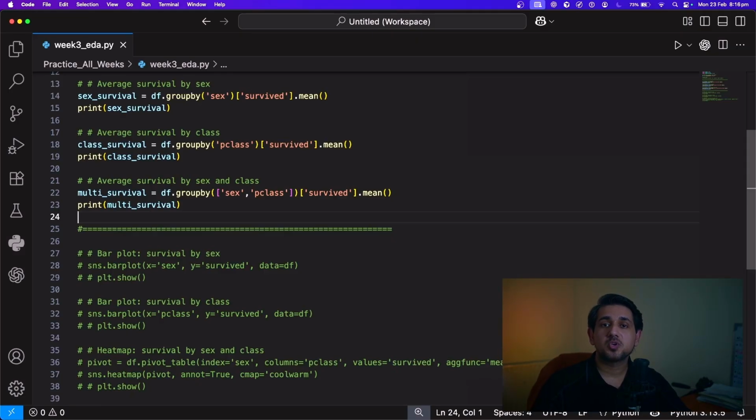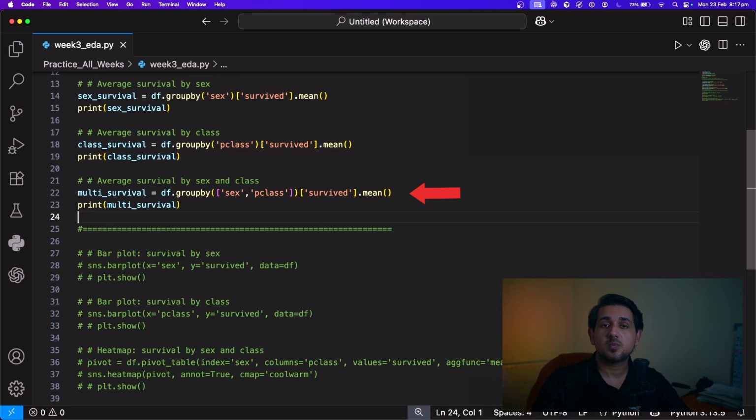In this code, we're using GroupBy and mean to summarize survival rates across different groups. The first line groups passengers by gender and calculates the average survival for each group, showing us whether men or women had higher chances of surviving. The second line does the same for passenger class, so we can see if first class passengers were more likely to survive than those in second or third class.